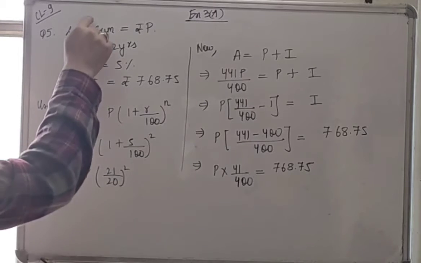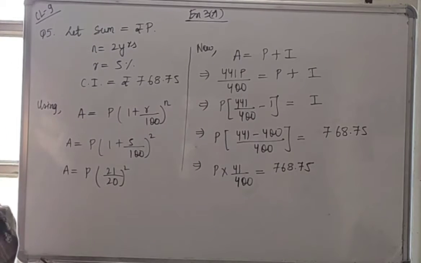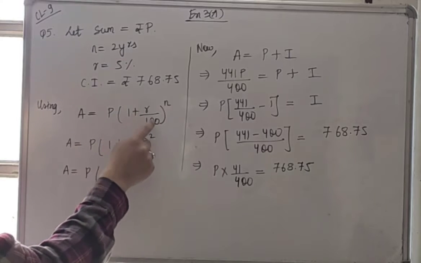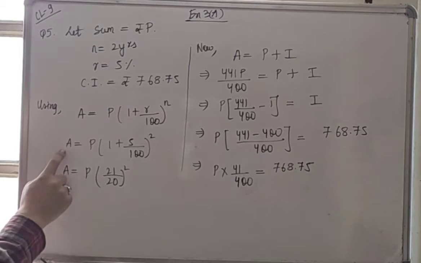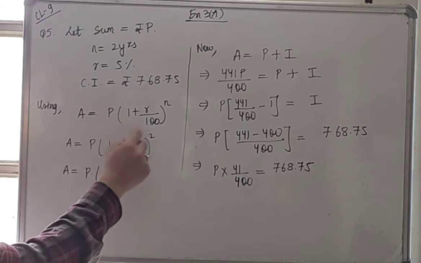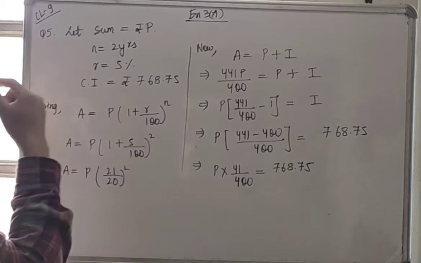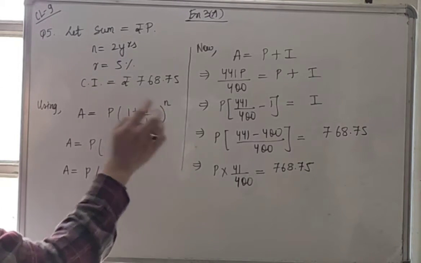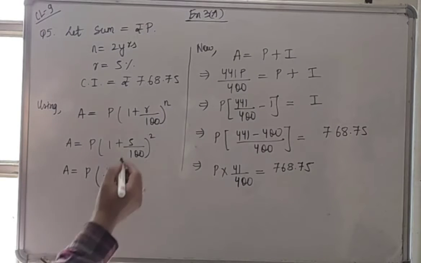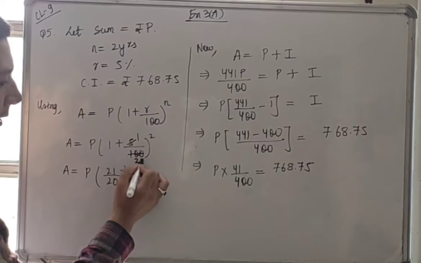Okay, so these are the things known to us. We know amount equals P into (1 plus R by 100) whole to the power n. We have done this formula this morning only. Amount keep as amount, P keep as P. Within the bracket, 1 plus R means 5 by 100, whole to the power n means 2. You can cancel this out: 5 ones are 5, 5 20s are 100.